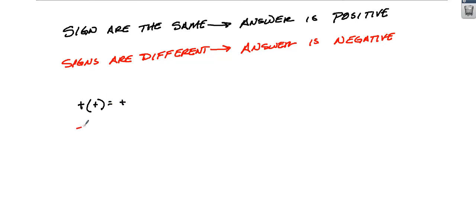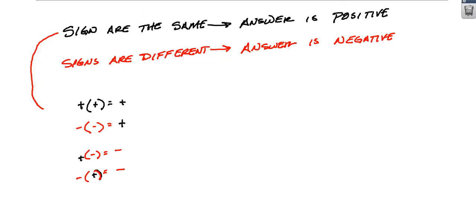If you multiply a negative times a negative, you get a positive. Signs are the same. If you multiply a positive times a negative, answer's negative. And if you multiply a negative times a positive, answer's negative.